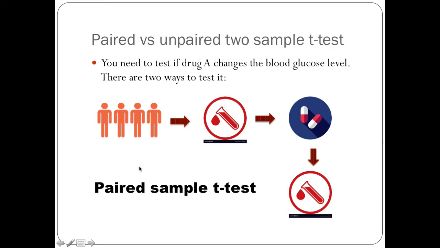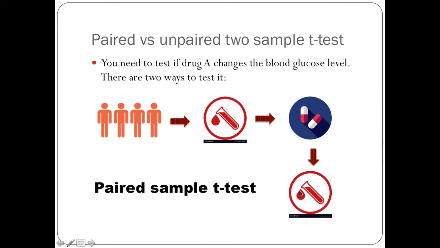You recruit a group of subjects, and first you measure their blood glucose level. After this, you let the subjects consume drug A. After some time, you measure the blood glucose level again. In this case, it is the same set of subjects that are repeatedly measured the first time and the second time.